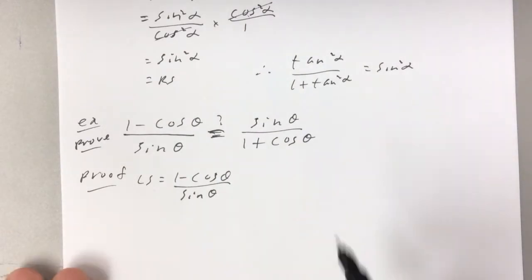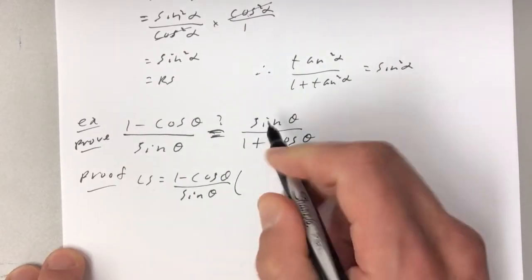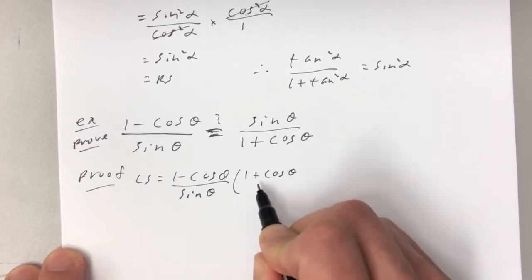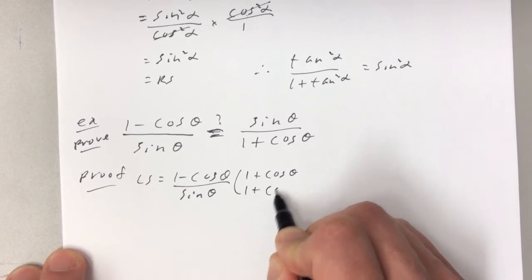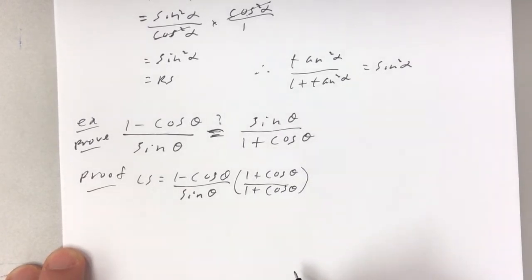So what I'm going to do here is a do nothing rule. I'm going to multiply the top and the bottom of this by (1 plus cos theta). That's just like multiplying by 1, so I'm not doing anything really.